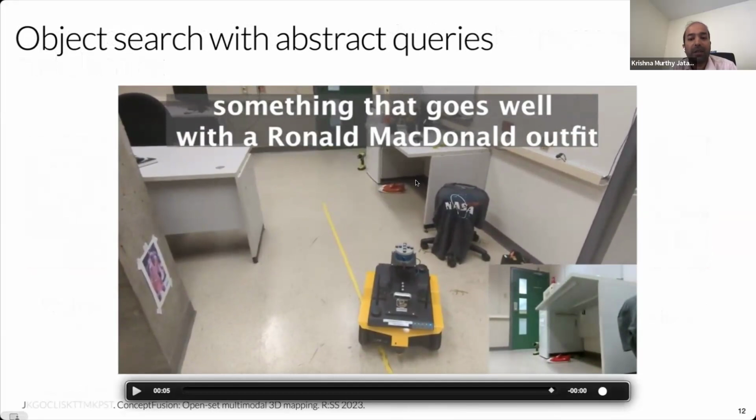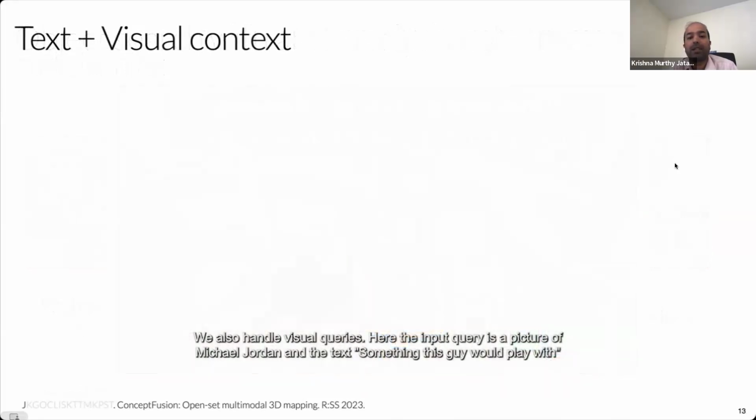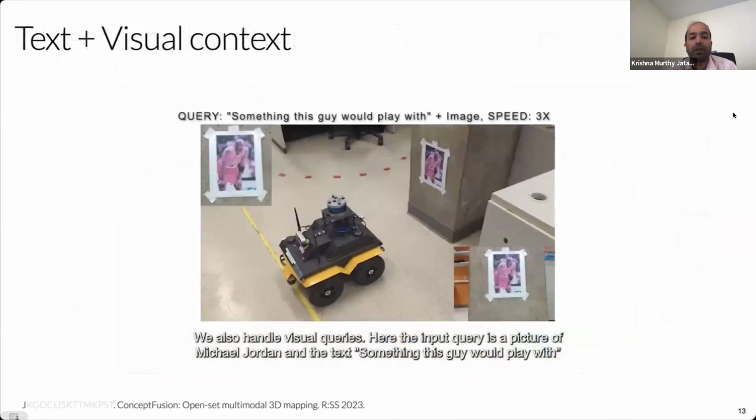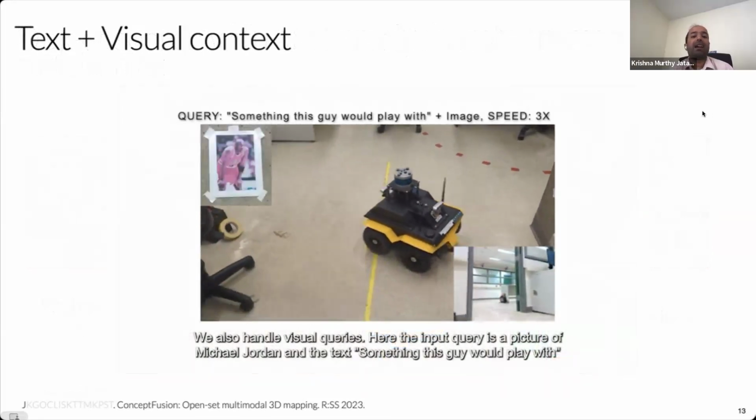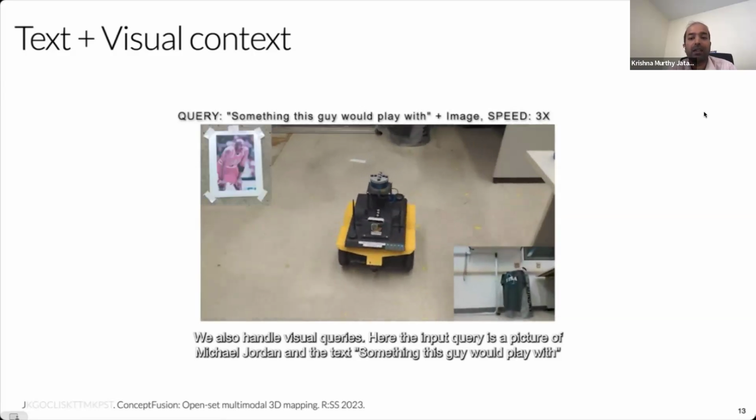The robot navigates to this pair of red and white sneakers, saying, well, the Ronald McDonald outfit is red and yellow, and the red and white sneakers go really well with it. And you can also combine queries that mix text and visual context. So you can show this picture of Michael Jordan and ask for something this person would play with, and it finds a basketball in the scene.